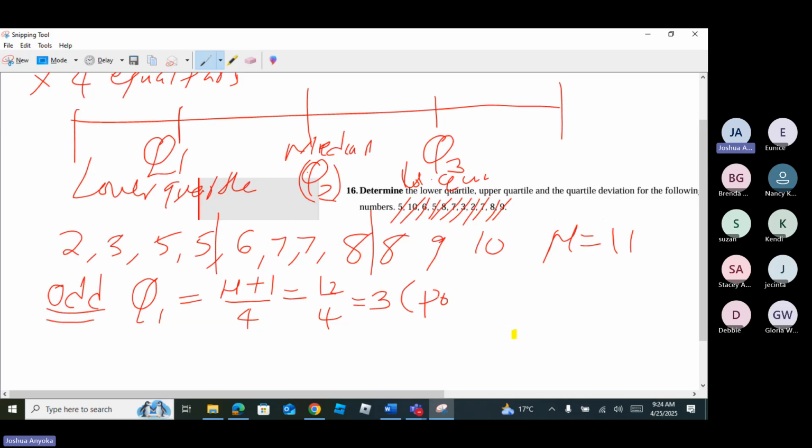So this is the position of Q1. Our Q1 will occupy the third position.